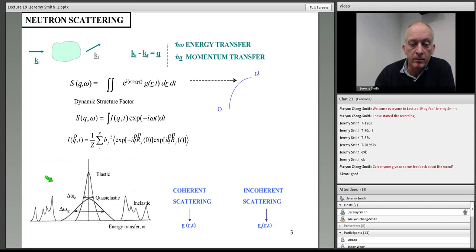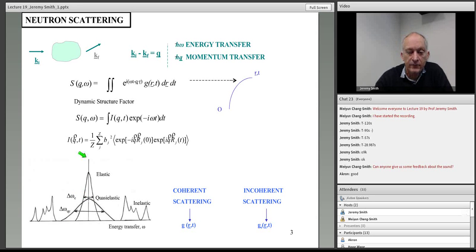If I keep heating up, maybe then there'll be some activated process in which the system jumps over a barrier from one potential well to another one, and that will lead to quasi-elastic scattering. That's stochastic events, sort of random jumping from one place to another or diffusing. And that can be biologically very important, but it'll only happen once the energy barriers have been crossed that allow these motions to be excited.